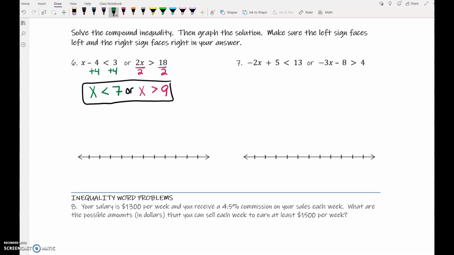This means that 5 would be an acceptable answer because 5 is smaller than 7. 10 would also be an acceptable answer because 10 is bigger than 9. So x can either be smaller than 7 or larger than 9. In the real world, like movie theater tickets, sometimes they let kids that are really young in cheaper.